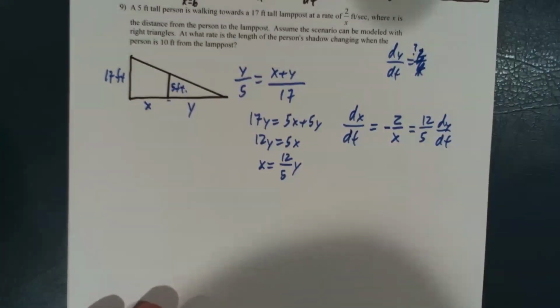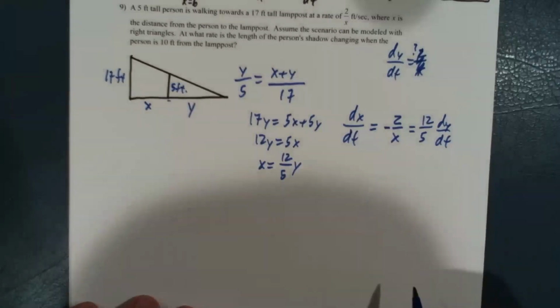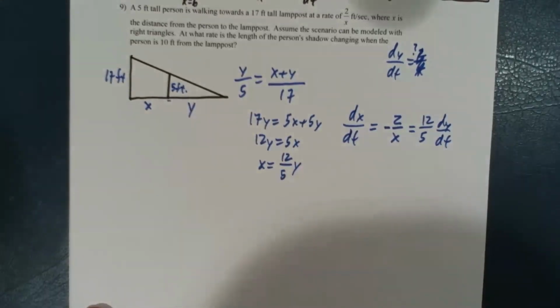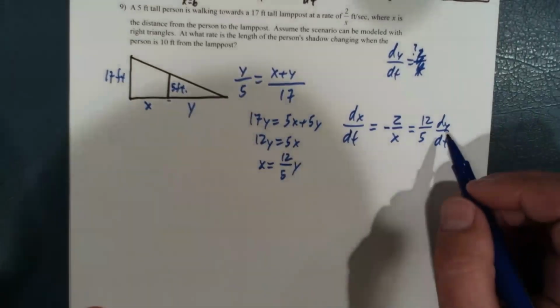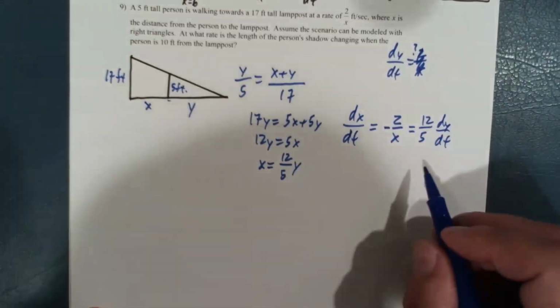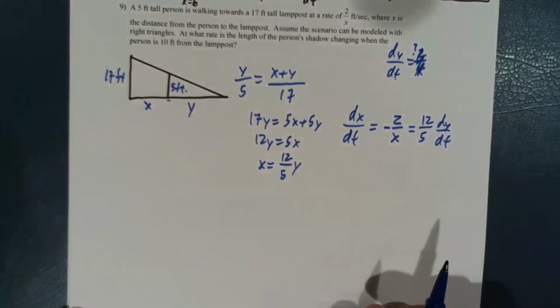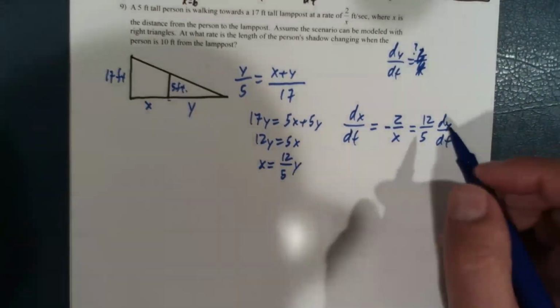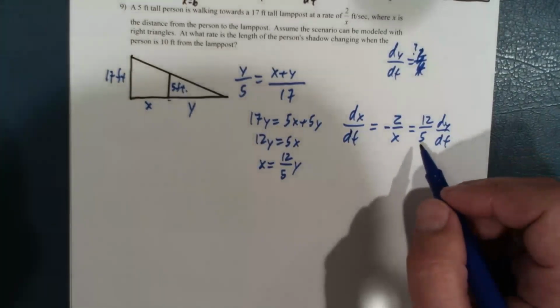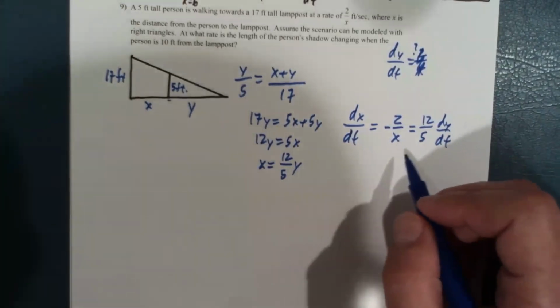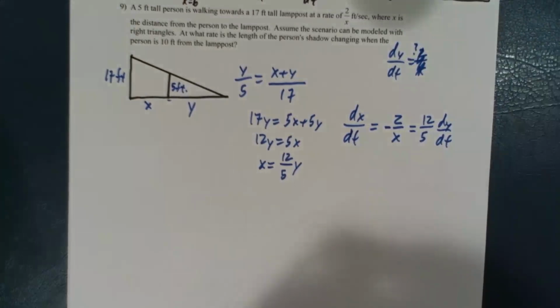All right, so we're looking for dy dt, pardon me. We're going to plug into the x, the 10, and we're going to multiply over the 5.